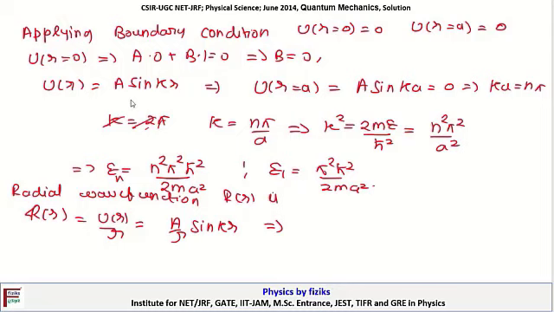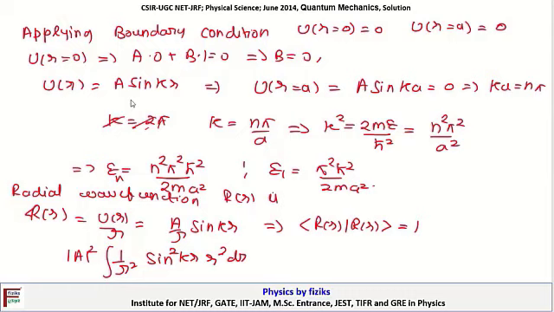The normalization coefficient A is determined by the integral of |R(r)|² r² dr from 0 to a equals 1, implying |A|² (1/r²) sin²kr r² dr from 0 to a equals |A|² a/2 equals 1, implies A equals root 2 by a.